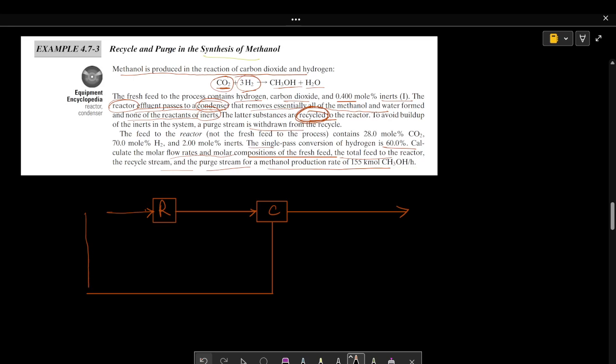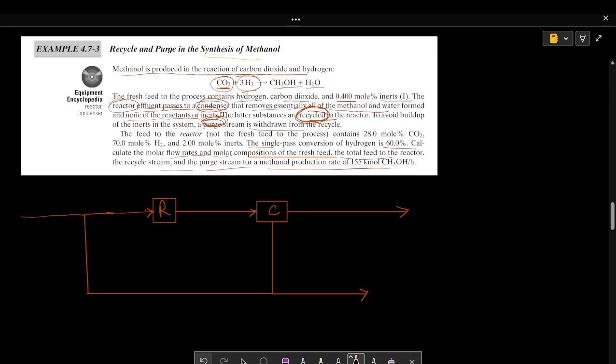So this will be the recycle stream. Then, to avoid buildup of inerts in the system, there is also a purge stream withdrawn from the recycle, which removes the inert material. So there is also a purge stream here.